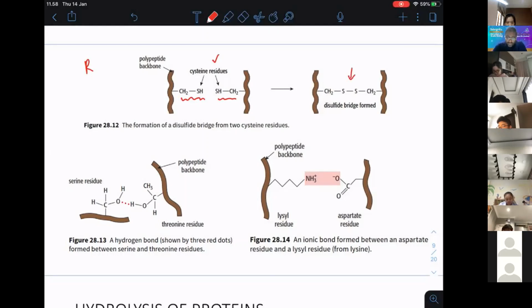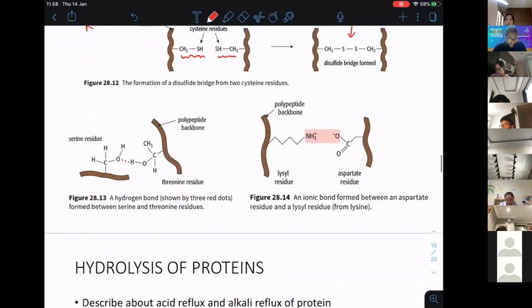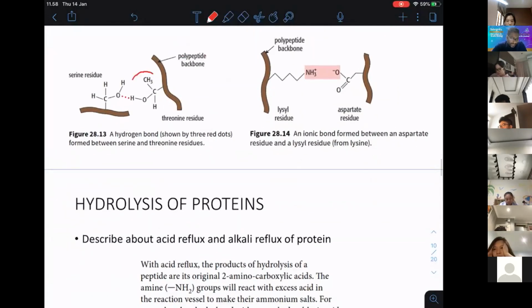So when you're forming the disulfide bridge, the hydrogen is gone. Let's say for example, hydrogen bond: if you have this side chain and this side chain, you can see the oxygen and the hydrogen can form hydrogen bond. So this is going to be between serine and threonine residues.